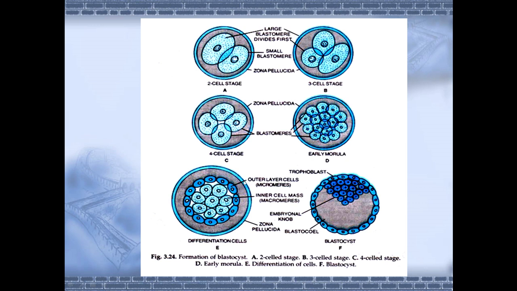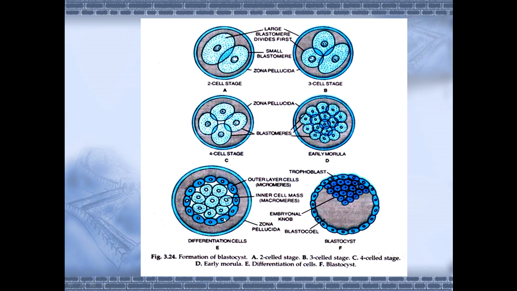Now the changes are that these cells, these blastomeres, these daughter cells, now change. They form 2 layered structures, the outer layer and the inner layer. In the outer layer the cells are comparatively small in size and they are known as micromeres, while the inner cells are large and they are known as macromeres. Zona pellucida still intact. Then what happens finally?